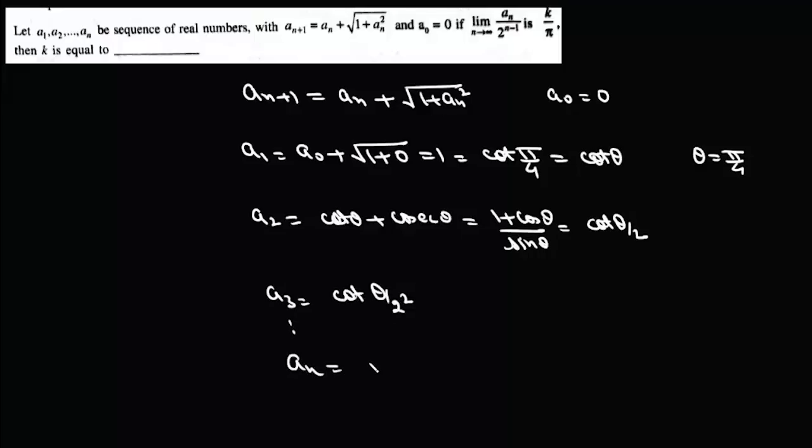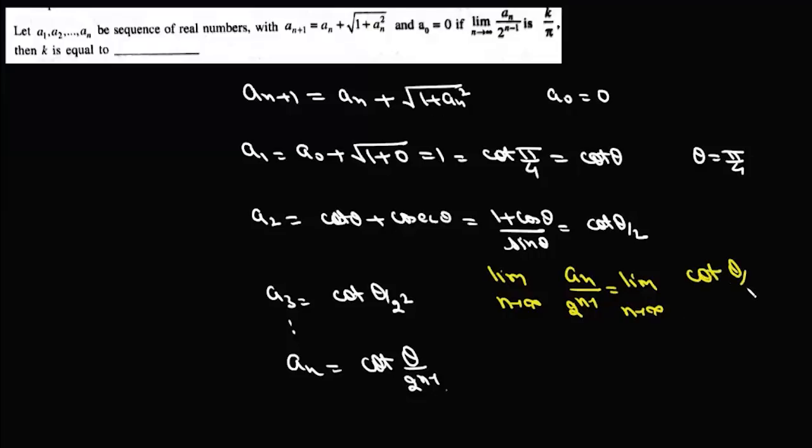So we'll get an as cot theta upon 2 to the power of n minus 1, where theta is pi by 4. Now if we find this limit, which is limit n tends to infinite, an upon 2 to the power of n minus 1, it will be limit n tends to infinite cot theta upon 2 to the power of n minus 1, upon 2 to the power of n minus 1.